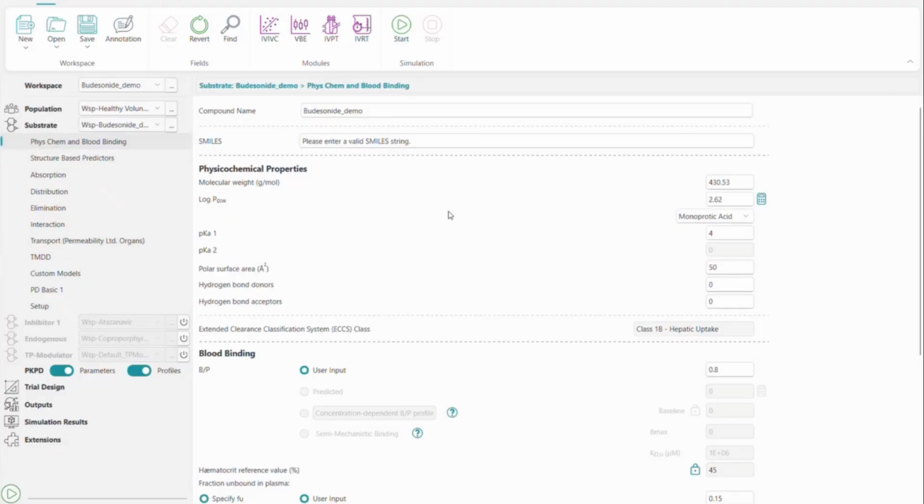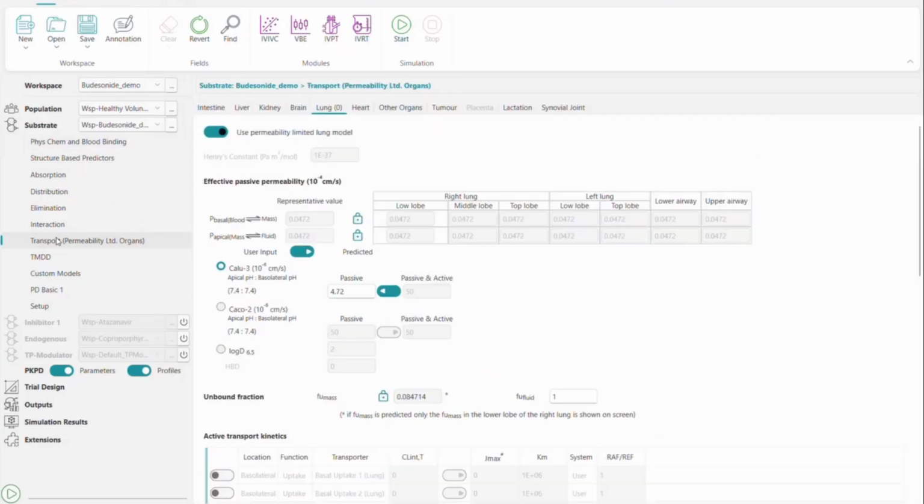Okay, but budesonide is neutral, so we change that back to neutral on the PhysChem screen. So other options for permeability, there's CACO2. This is a correlation specified between CACO2 permeability and CALO3 permeability. So it's different if we enter the 4.72 for this.